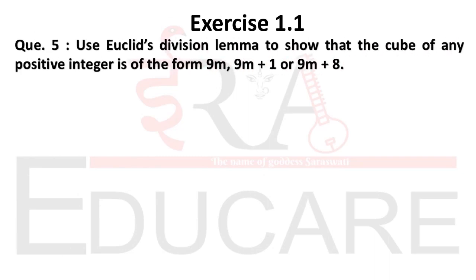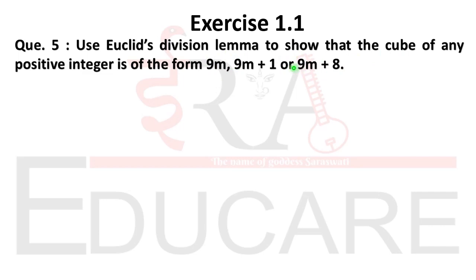Now next example, question number 5. Using Euclid division lemma, show that the cube of any positive integer is of the form 9m, 9m plus 1 or 9m plus 8. Remember these things: here is the cube, and here is 9.